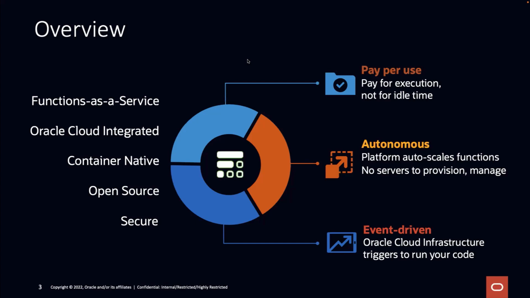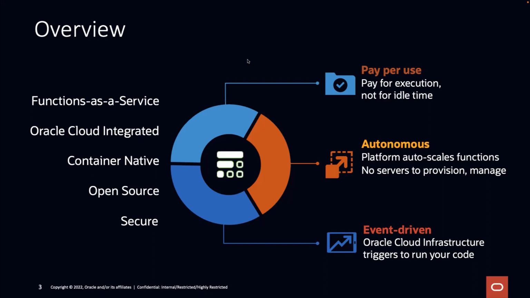Other than that, it's event-driven. So you can plug in Oracle Functions with Oracle Events and other Oracle services as well, where you can create different kinds of triggers. And based on that, your function can actually execute, right? A trigger can be, for example, if one of your users has sent an API request to your application.